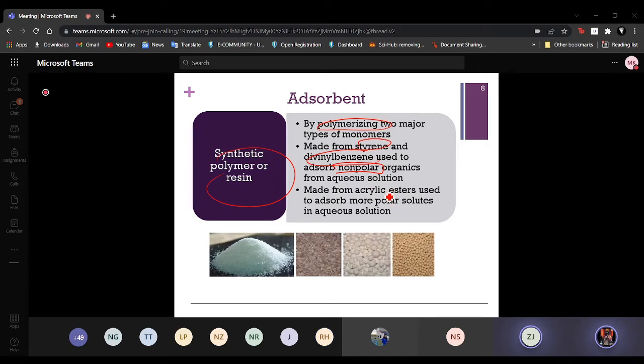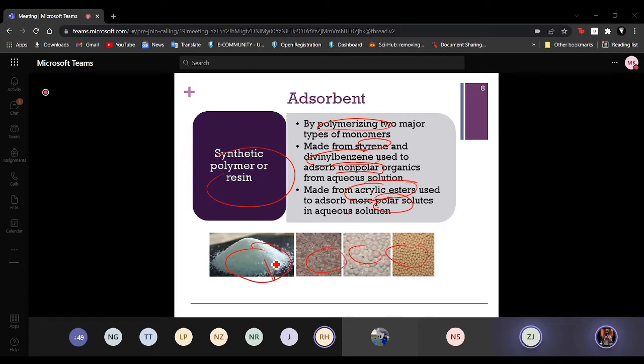Maybe the quiz question will be: give an example of a non-polar compound that can be adsorbed using a styrene divinylbenzene synthetic polymer. This is a leaked question. Maybe it will come out, maybe not. And for polar, they are normally made from acrylic ester. So these are examples of synthetic polymer or resin.